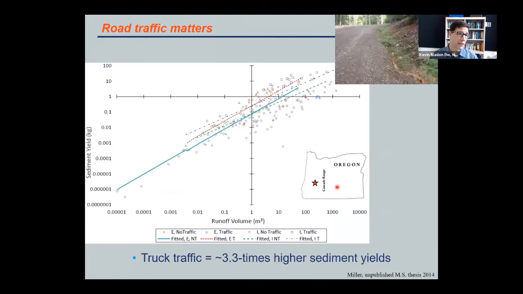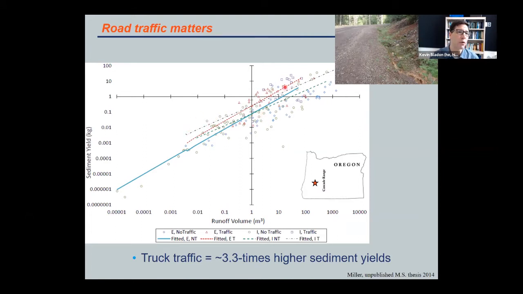Okay, and as part of that study, obviously, traffic matters. A little difficult to discern from that one, but this was another study from the Hinkle Creek area, a little further south. The blue lines and the green lines were road segments that they looked at where they eliminated traffic. There were roads, but there was no traffic.